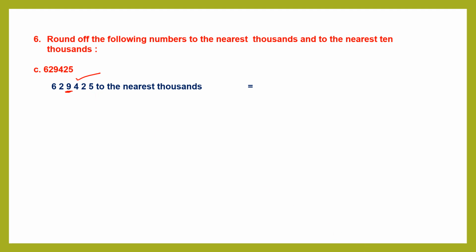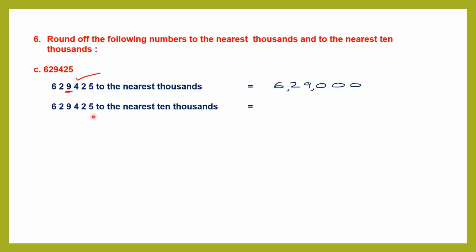So let's write down the number. So we have 6, 2, 9 will not change, and in the place of the other 3 digits we're going to put 3 zeros. 1, 2, 3. So what is our number? Let's put the commas and read. The number is 6,29,000.